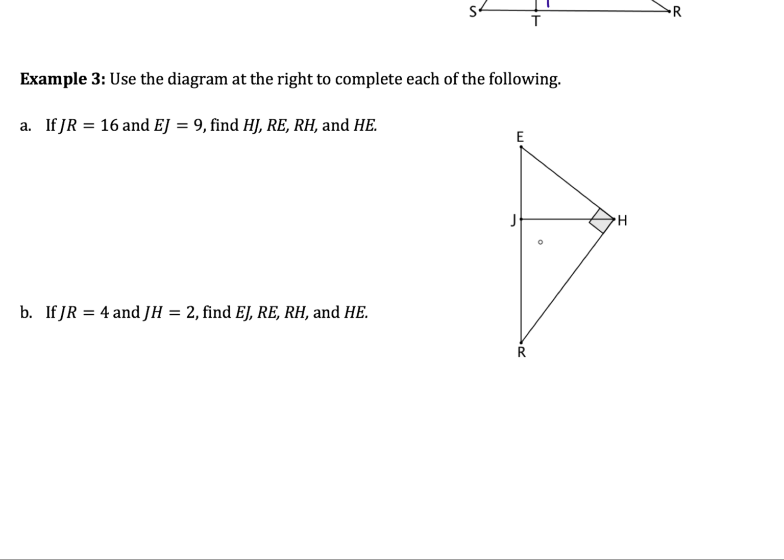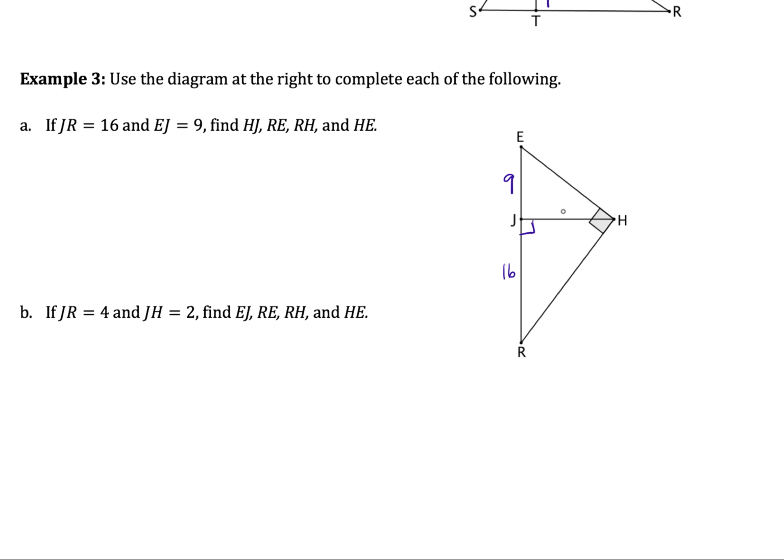So here you can see we have a right triangle with this altitude that's drawn from the 90-degree angle over to the opposite side. Given a few pieces of information, let's find all these other lengths. So we'll start with labeling this picture according to the given information in part A. JR, it says, has a length of 16, and EJ has a length of 9.